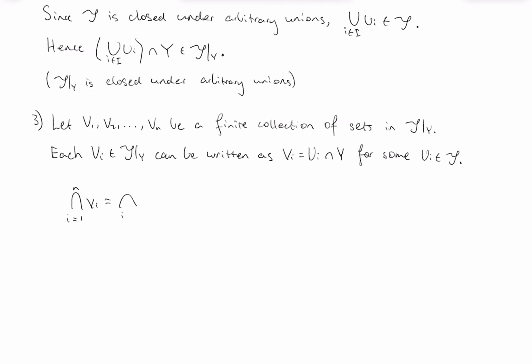So it's going to be the intersection for i equals 1 up to n of Ui intersect Y. Again, we're going to be using set theoretic results and move the brackets around a bit. So this is just going to equal the intersection for i equals 1 up to n of these Ui's, and intersect that whole thing with the set Y.